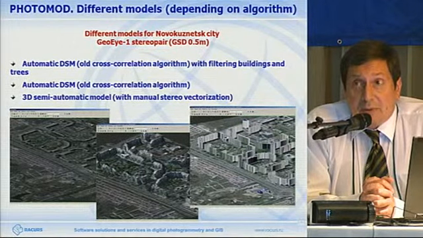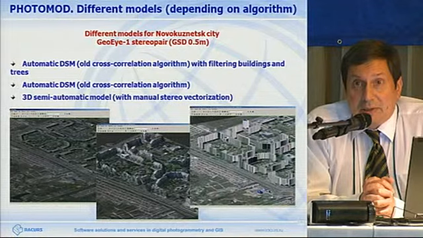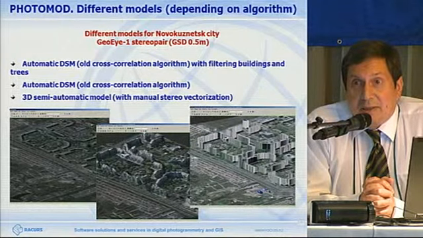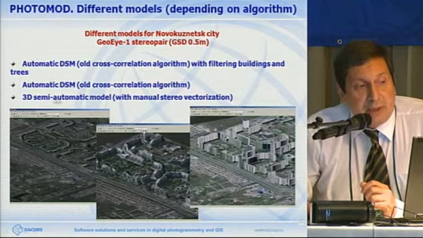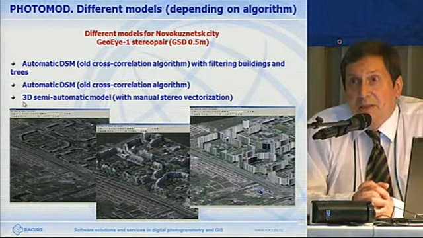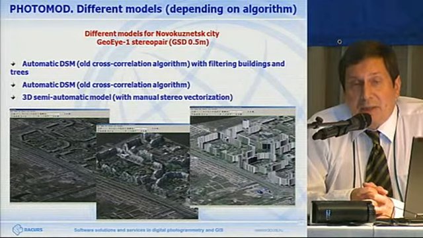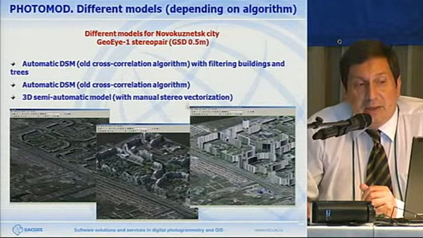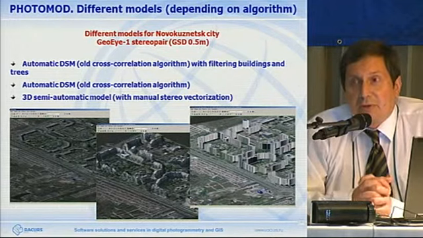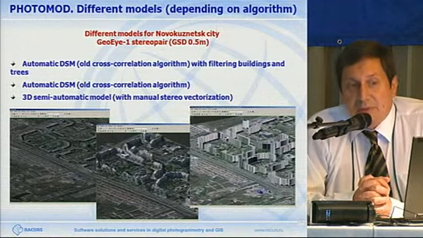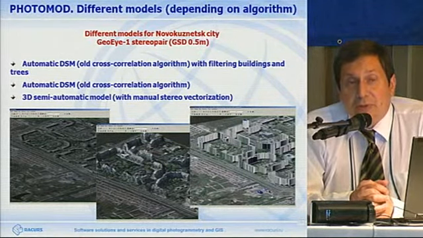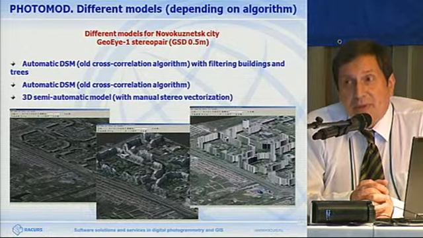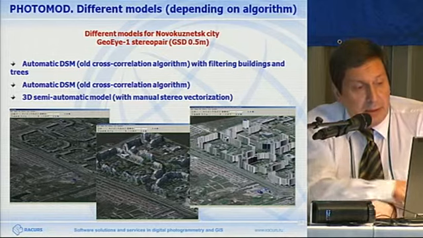But there was nothing wrong about it, in the sense that I can use filtering to remove all the vegetation from the DSM. This is done in a very simple way to make an orthophoto plan. But if we wanted a really good model, we had to rebuild these houses manually to make them look nice. Our aspiration, what we want to achieve, is the model that we have on the right, and do it automatically.